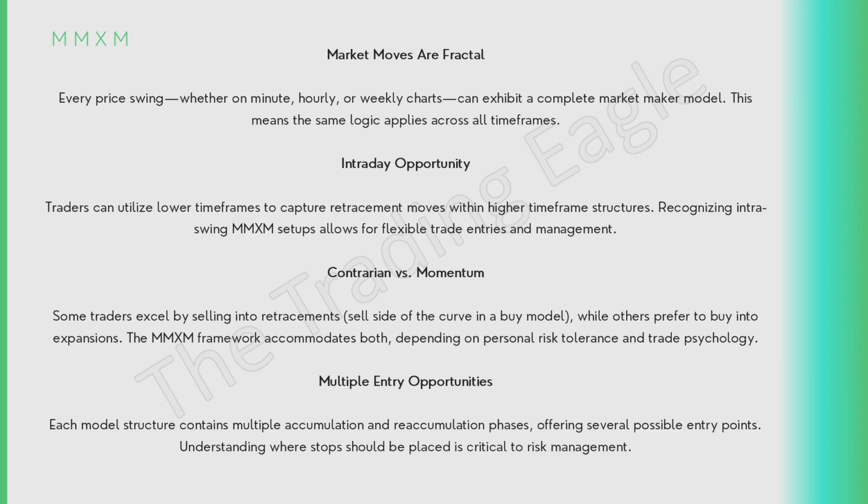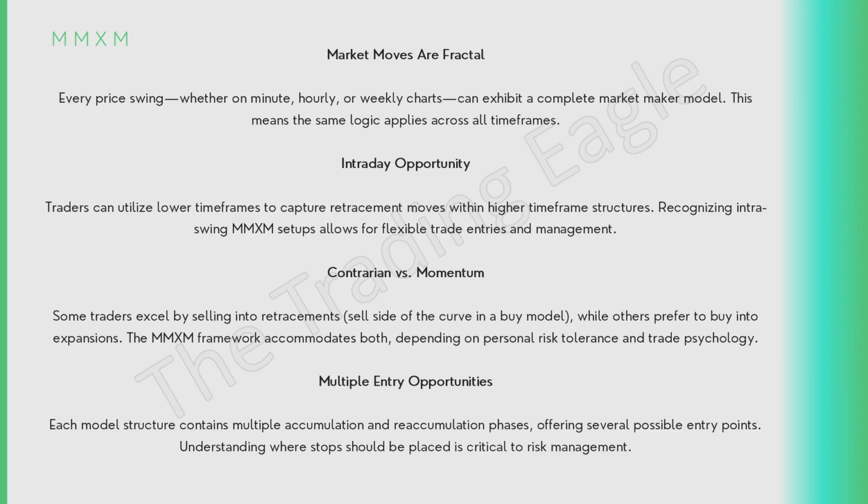So market moves are fractal, and every price zone, whether on the minutes, hourly, or weekly charts, can exhibit a complete market maker model. This means the logic applies across all time frames.